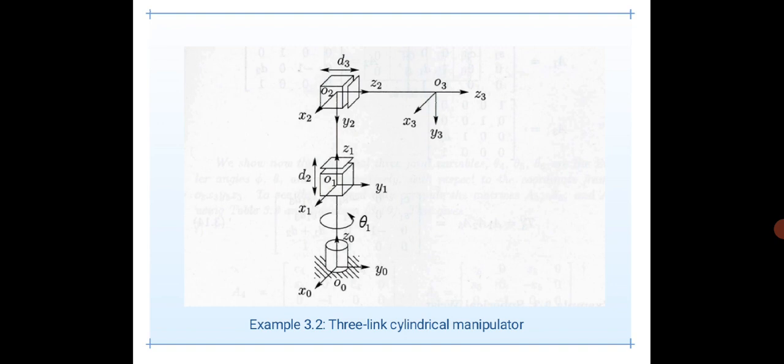Similarly in the third frame also, the linear movement is given by d3. Here we have a particular rotation angle between the base frame and the first frame. And similarly we have the last frame, which is denoted with x3, y3, and z3. Thank you.